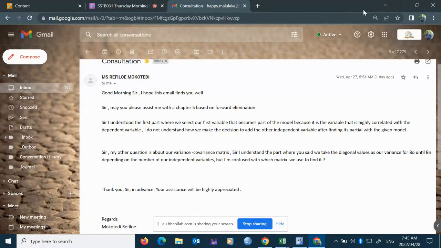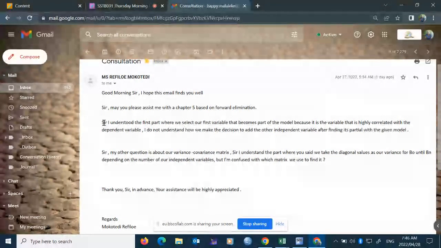Let me answer the first one. I said when you use the forward elimination method, the first variable to be entered is based on how it's related with y. You can find the correlation coefficient between y and x1, y and x2.